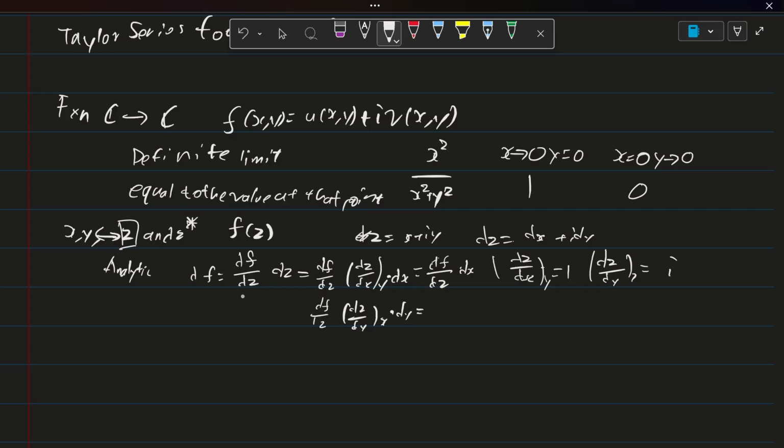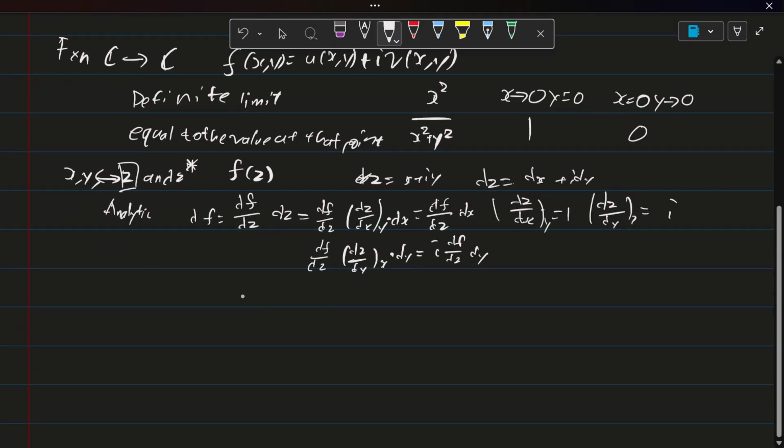And if we substitute it in, we get i times df over dz times dy. And this gives you two different equations. The first is that df over dz is the same thing as df over dx. The second, i df over dz is the same thing as df over dy.